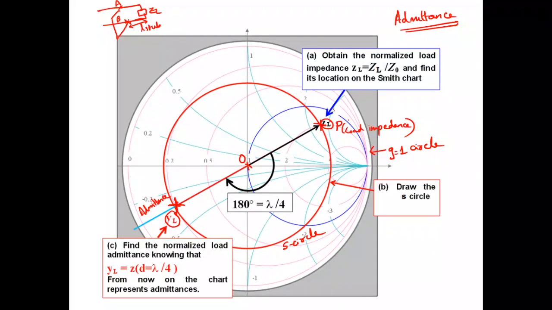We select points A and B such that at these points the normalized impedance is 1. For that, you find the 2 points where the S circle and the G equals 1 circle meet. So based on this logic, you calculate the 2 points. You can mark this point as A and this point as B. So these are the 2 points where the stub can be placed.